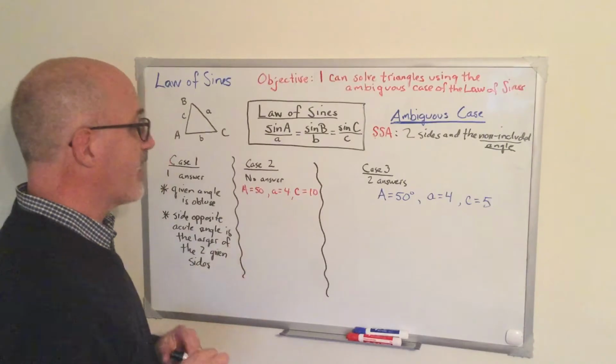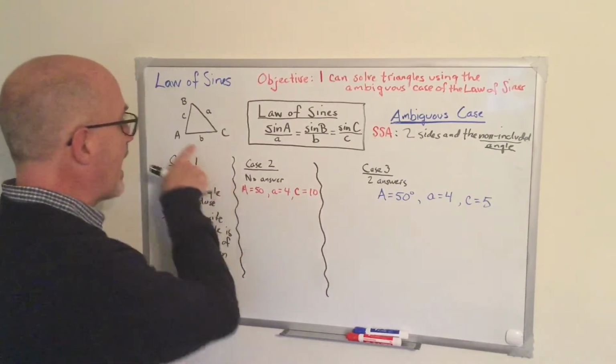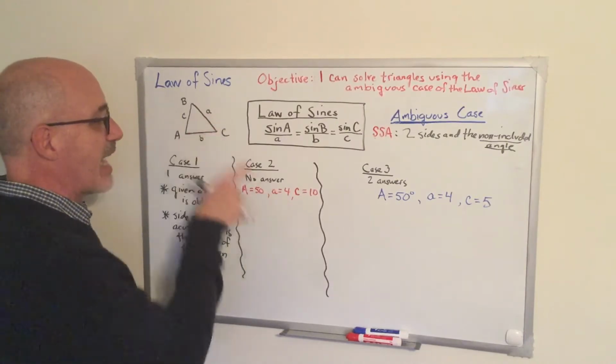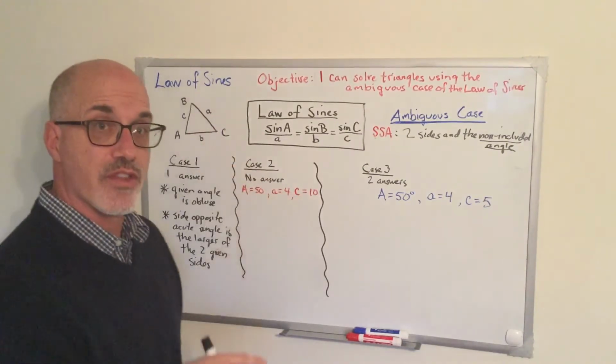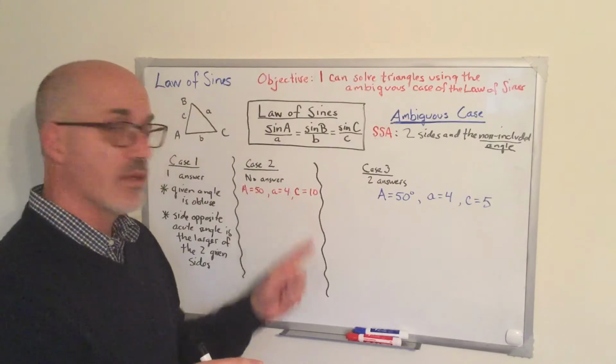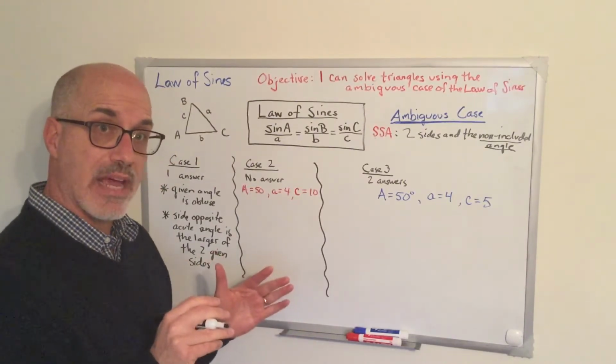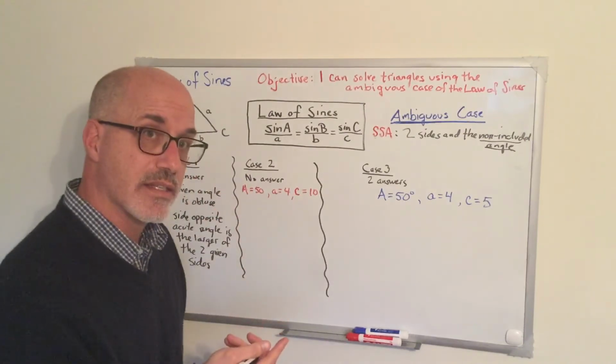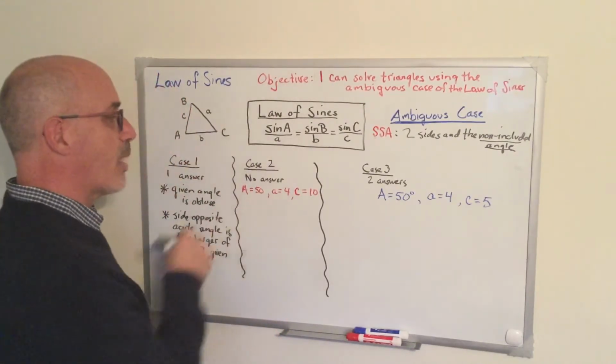But what if, on the other hand, I'm given angle A as an acute angle, and I'm given that the side opposite it is shorter than the other of the two? That's the one that we have to be careful of. Also, what if it's equal to it? That's when we get no answer.